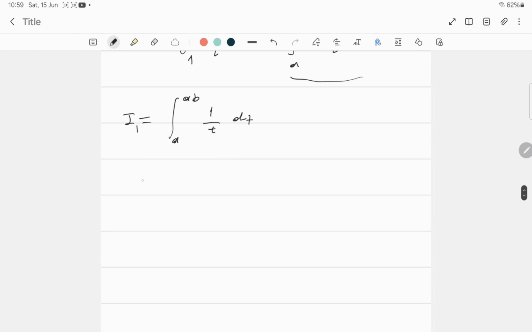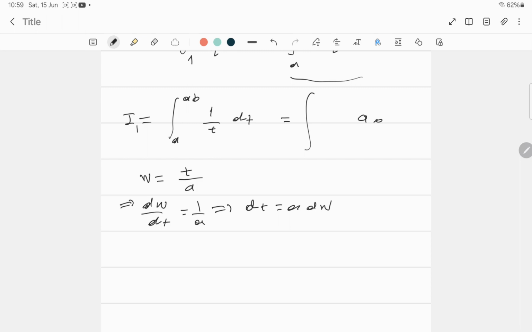I will do a substitution. So I will set w equals t over a. dw over dt is 1 over a. So from here I have that dt equals a dw. t is the product of a times w. And now I also have to change the bounds of integration.